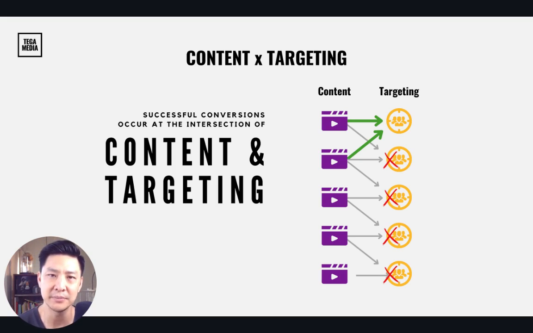It's that perfect recipe. When we find the perfect piece of content that resonates well with the right audience, that's when the conversions happen. Why is this important to understand? Well, most businesses, when they start creating ads and posting on social media, do it in a very linear way.